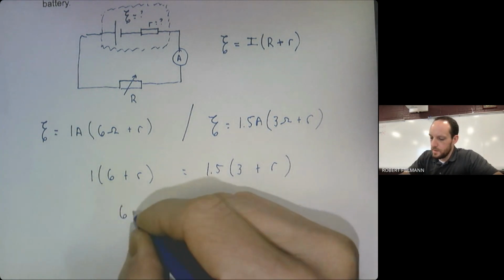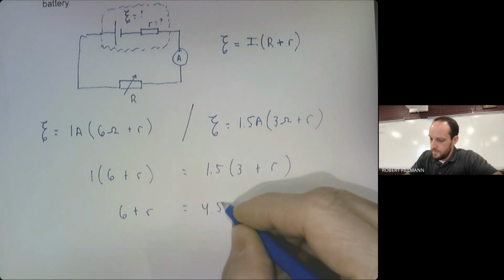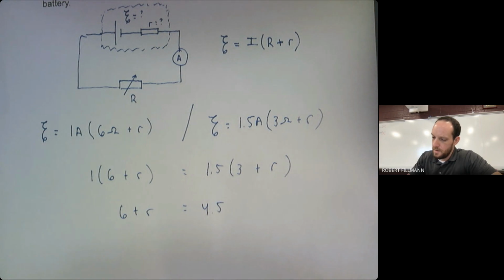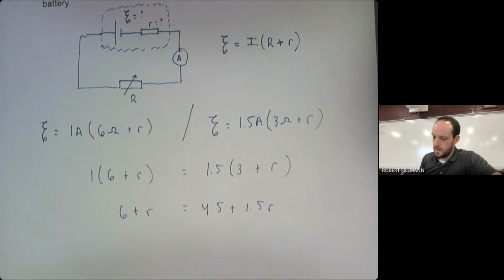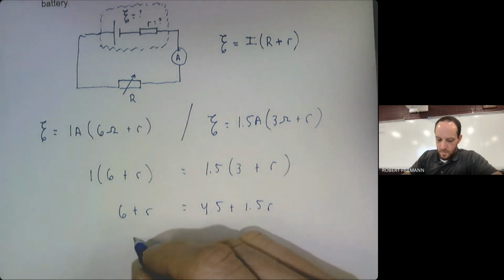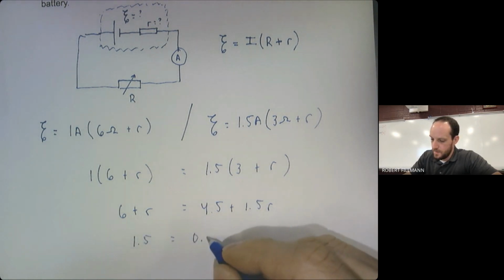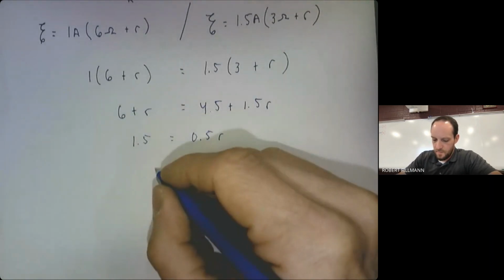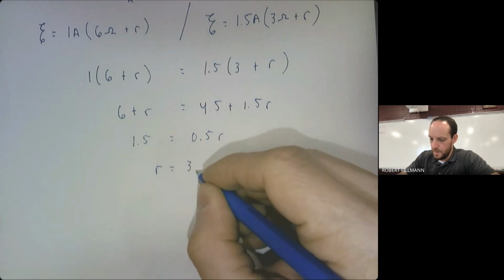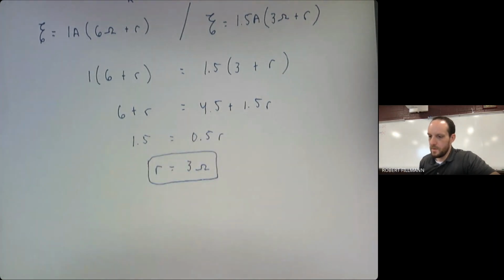Okay, so 6 plus little r equals 4.5 plus 1.5 little r, or 1.5 equals 1/2 little r. Therefore, little r is 3 ohms. So the internal resistance is 3 ohms.